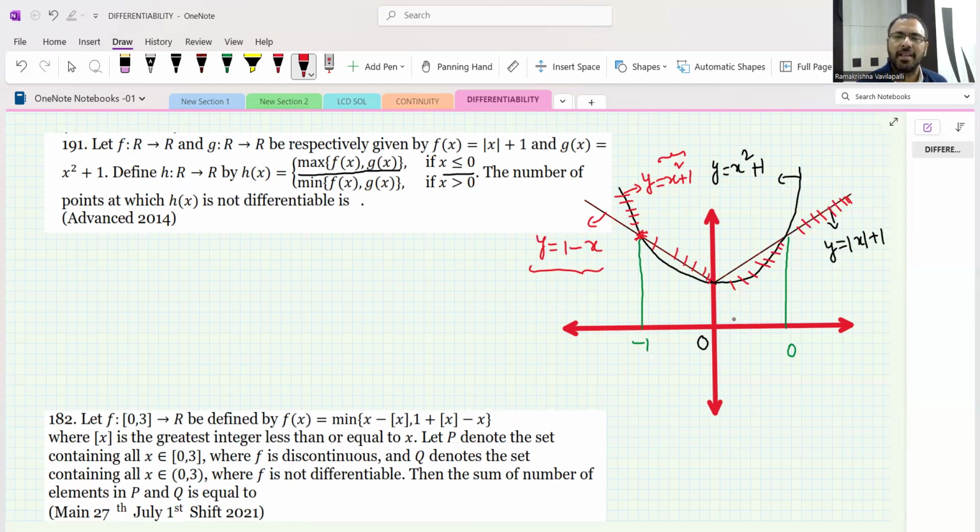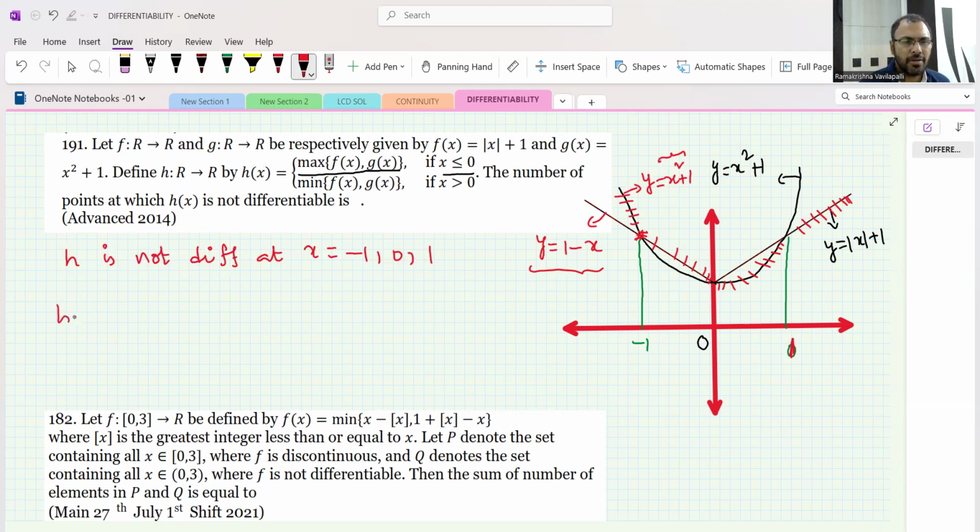Anyway, here we have a sharp edge, and this is also. So this is not differentiable. H is not differentiable at x equal to minus 1, 0, 1.